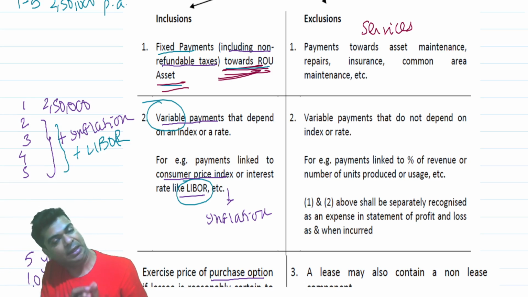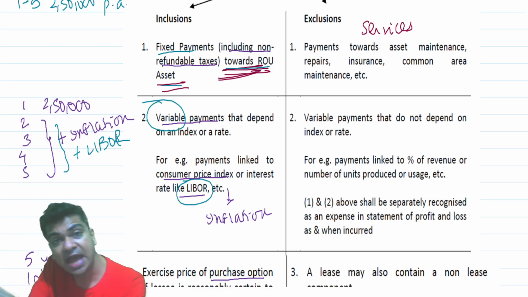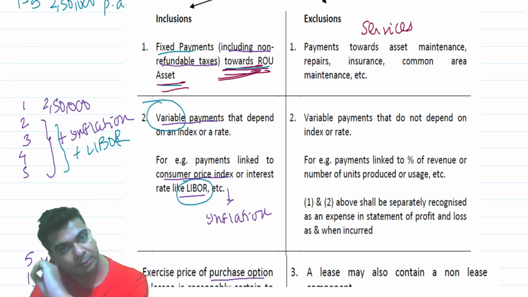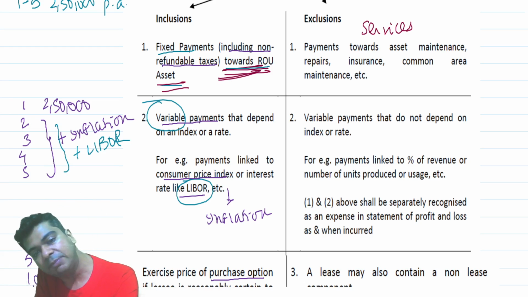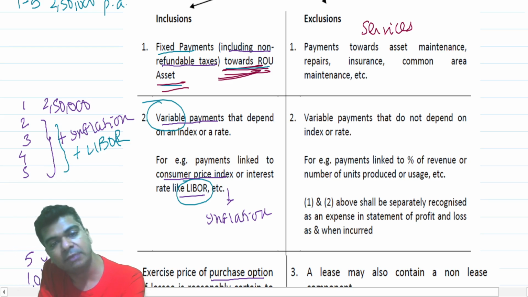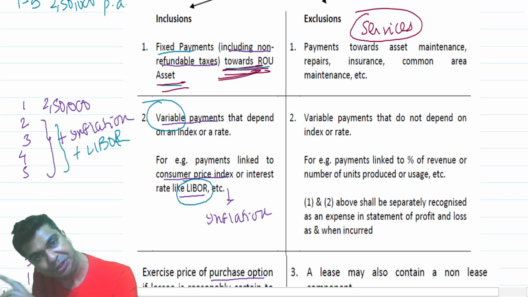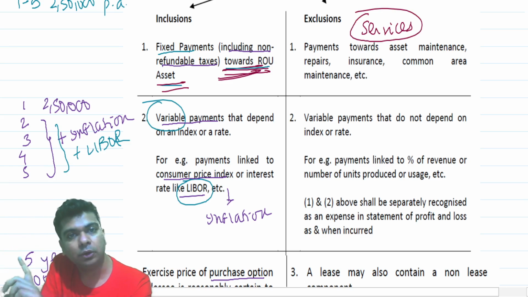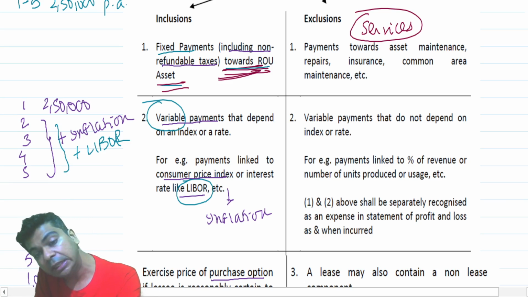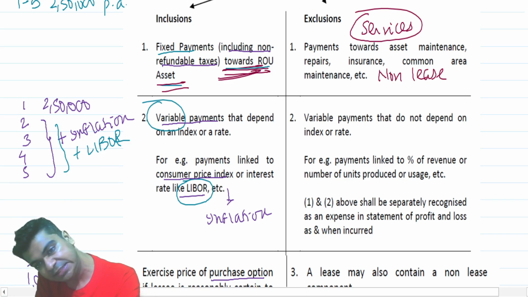So when you are signing a lease agreement, the lessor may say, see, I also provide maintenance service. So you may be paying something for the maintenance to the lessor. You might be paying something towards the insurance. You might be paying something towards the repairs. You are enjoying the benefit of certain services. These are going to be excluded, right? These are also popularly known as non-lease components.